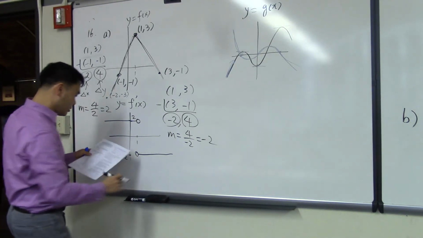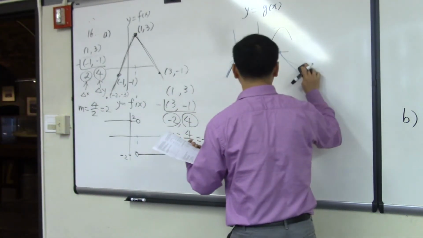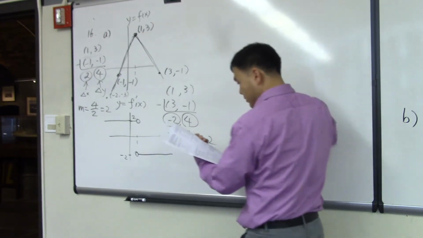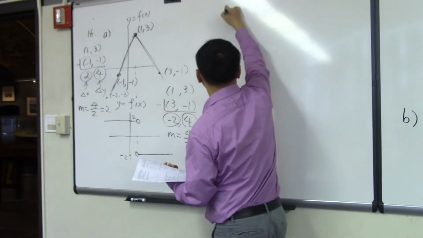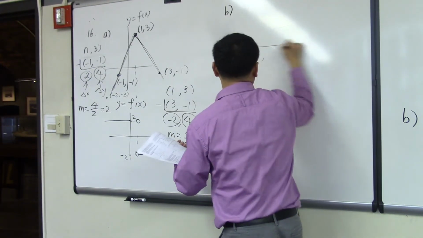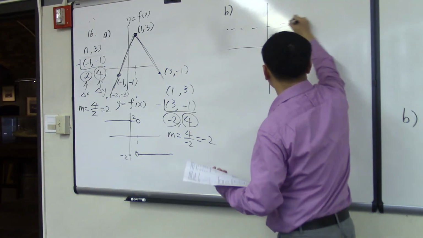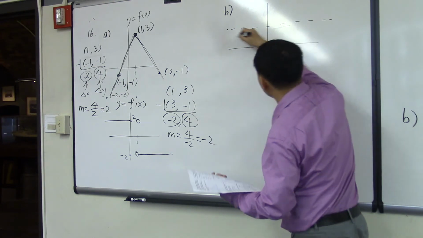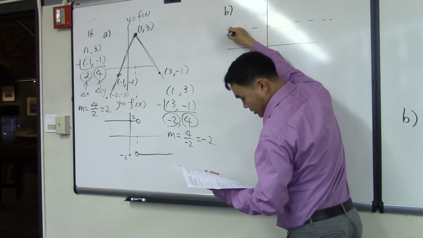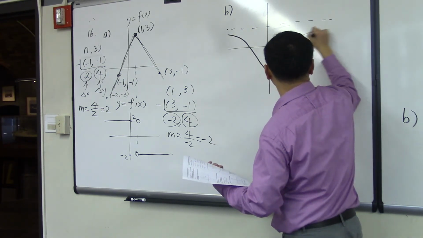Here's another one. The second graph I see in question 16 has a horizontal asymptote, which goes like this.